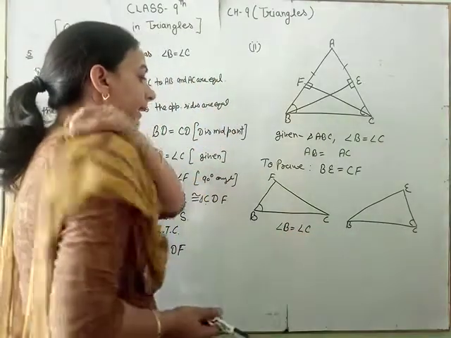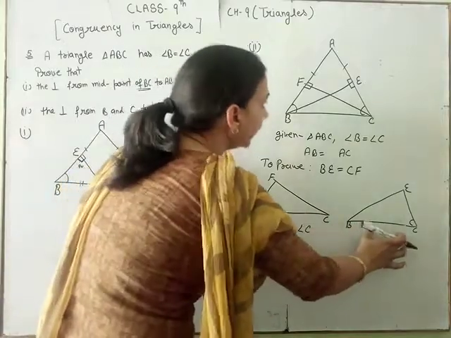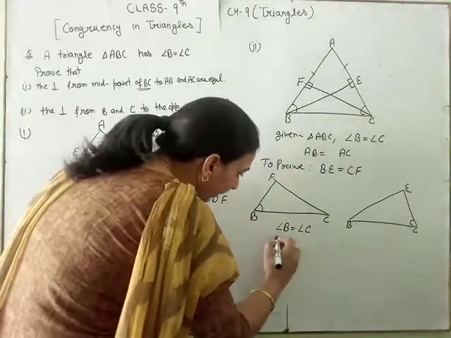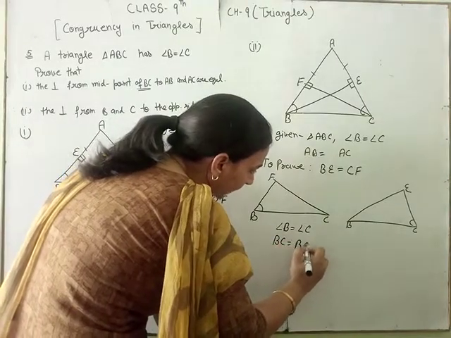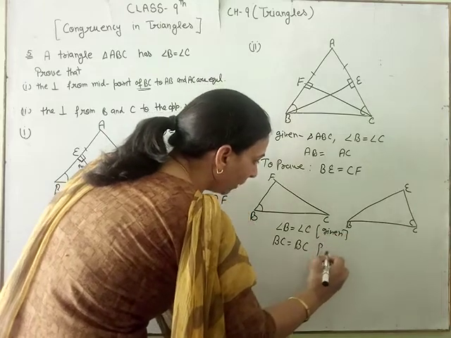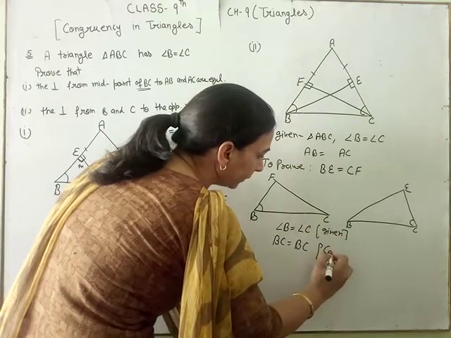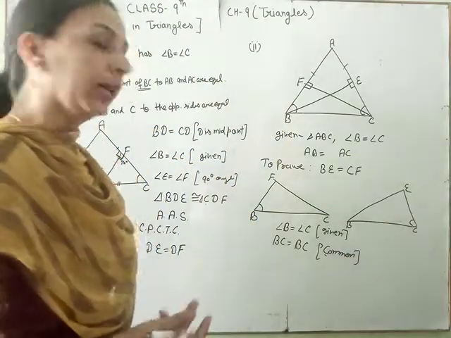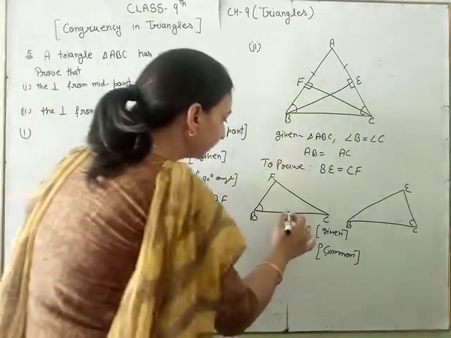Okay. Next is BC equal to BC. BC is used in both triangles. Then we write BC equal to BC, and this is common. Okay, two conditions are satisfied.